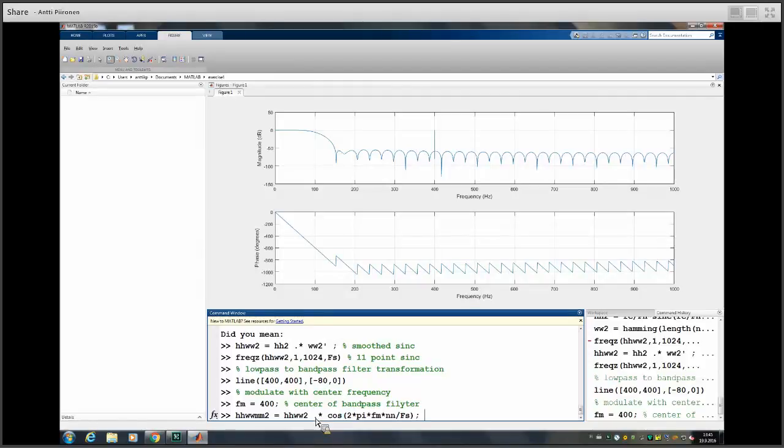So sample times are actually those indexes divided by sample rate. That scaling of 2, well, that's because we are splitting the energy of that filter into 2 parts.